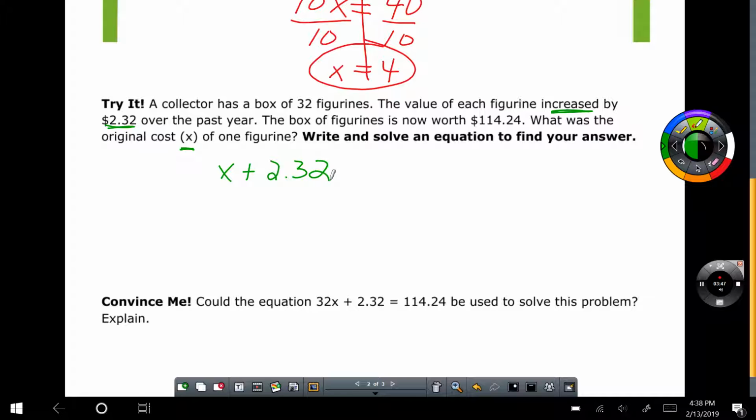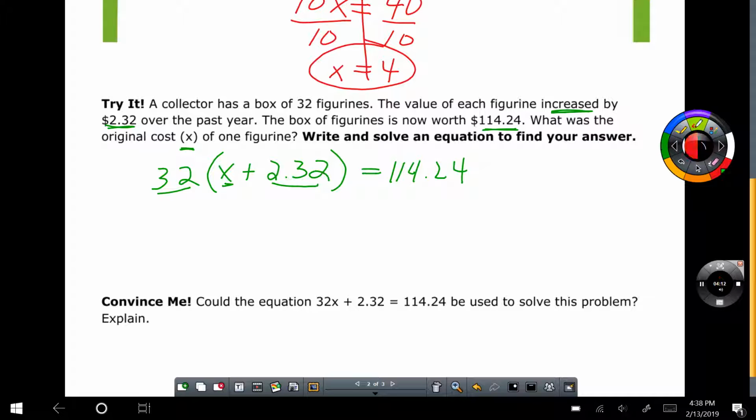And we know that the current value of all of them is $114.24. And we know that there were 32 of these figurines. So we're going to take that X plus 2.32 and multiply it by 32. So 32 figurines that started as X dollars and increased by $2.32 each. Now I'd like you to solve the equation and then put your answer into the PlayPosit.